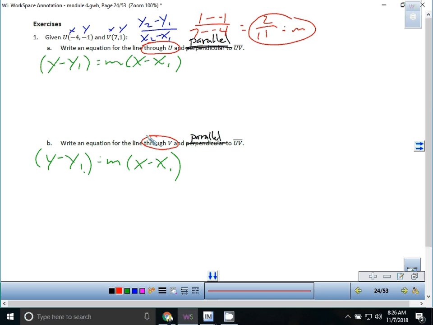Don't jump too far ahead, because number 2 we're going to do a little bit different, okay? And check those around and see if you got the same answer or not.